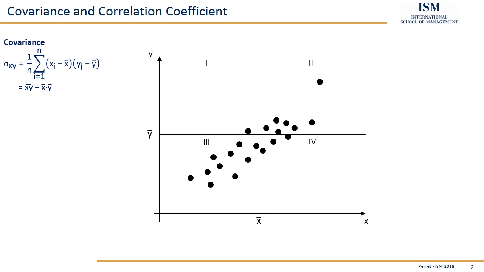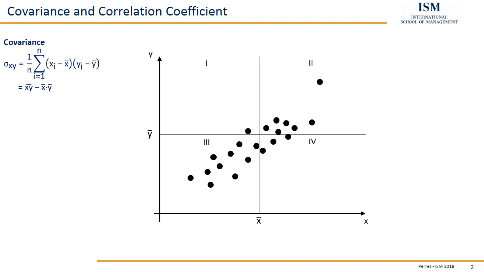What do we know about quadrant 3? In quadrant 3, we are below our mean for x and we are below our mean for y. So all our x and y values are smaller than the mean. If we take a look at the formula, how would this look if I insert an x which is smaller than the mean and a y which is smaller than the mean?